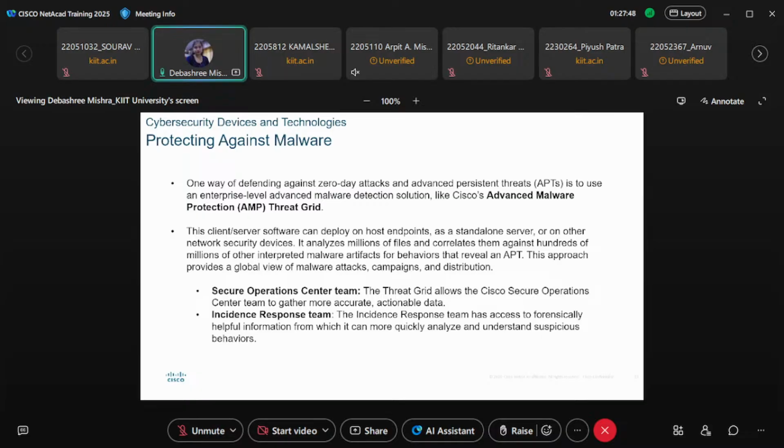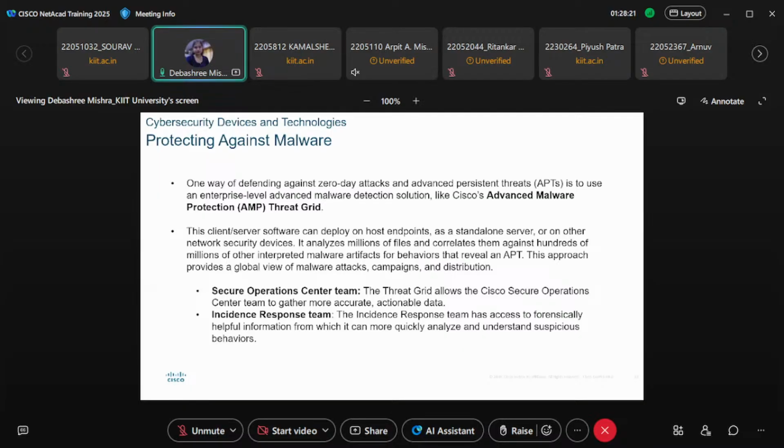In this case, the client software can be deployed on a host and as a standalone server, with other networks connected over that. In that period of time, they will run this kind of attack to check and analyze whether millions of files or data got attacked by these malicious activities or not.